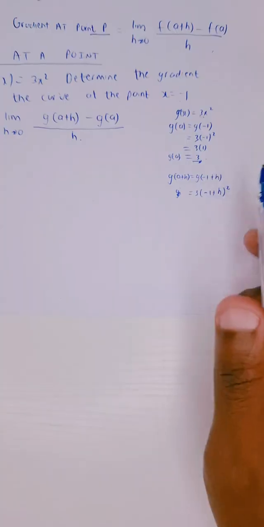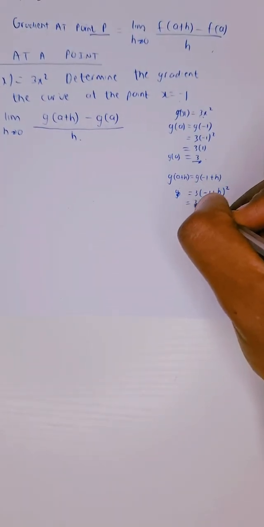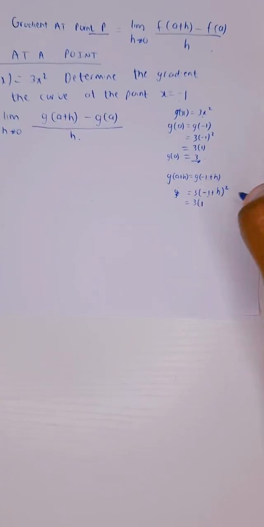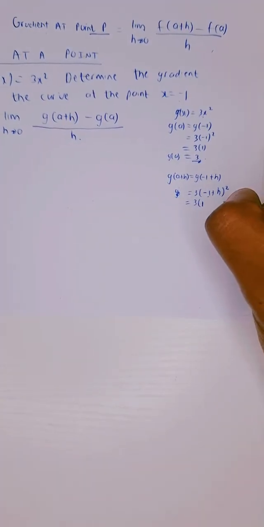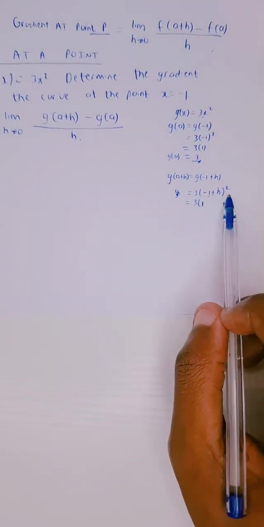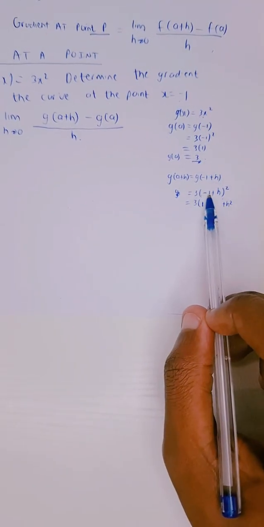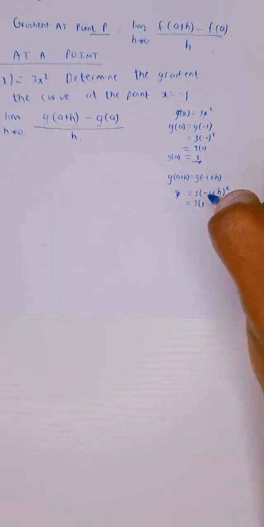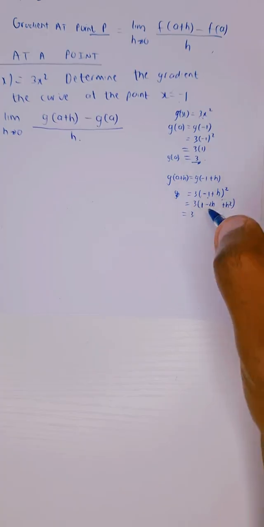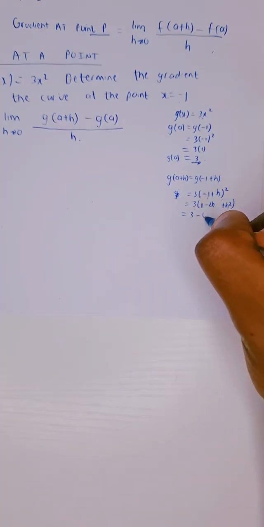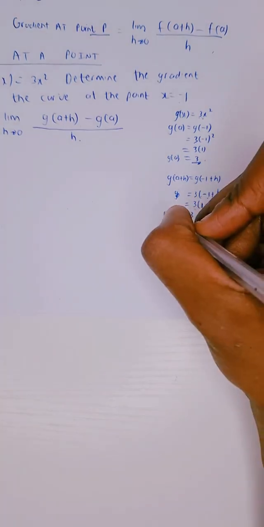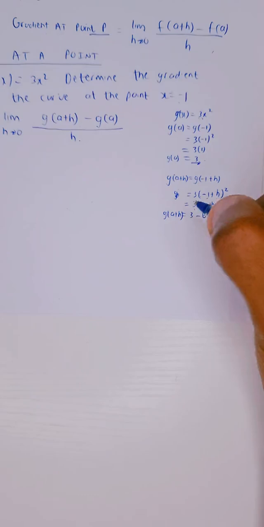Now it helps to know the quick short rules, guys, because we square the first term, we square the last term. Negative 1 squared is 1. h squared is positive h squared. To get the middle term, we multiply negative 1 times h. We get negative h. We double it. That gives us negative 2h. You distribute the 3. 3 times 1 is 3, minus 6h plus 3h squared. That is g of a plus h.